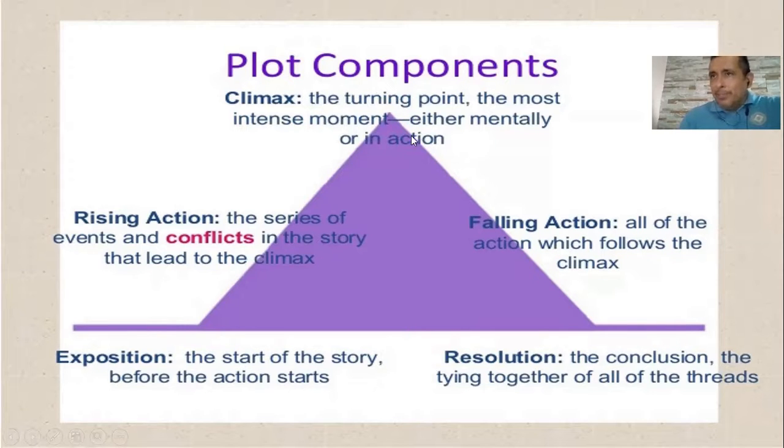Then once we identify the climax, we're going to have the falling action, all of the action which follows the climax. And then finally, we're going to get a conclusion or a resolution to solve the conflict. So that will be our conclusion, the tying together of all the threads.